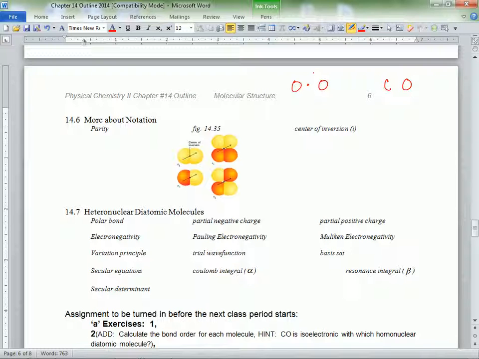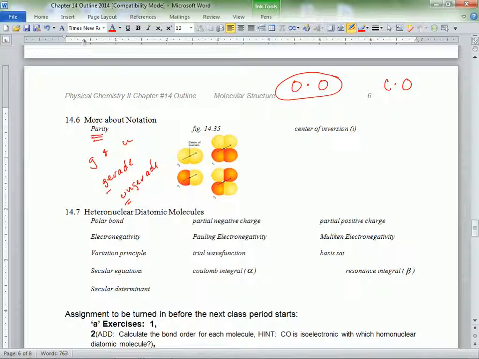It actually has a center of inversion, and we're not drawing out this molecule, but I'm just saying it has to. So when you have a center of inversion, then they have parity, and that's why they have this little g and u, gerade and ungerade. It's got to be some German thing, I think. I'm not sure.